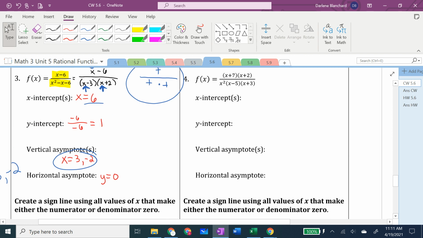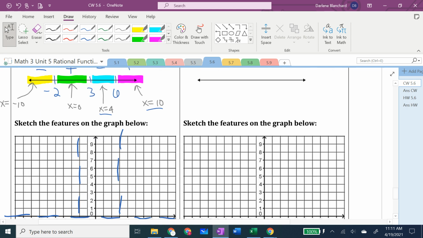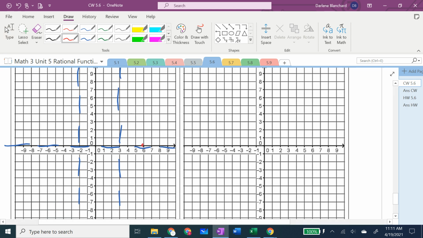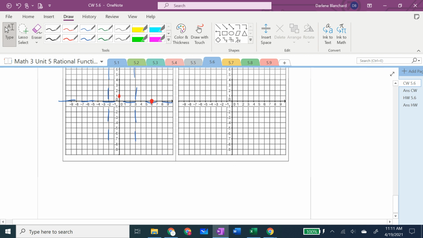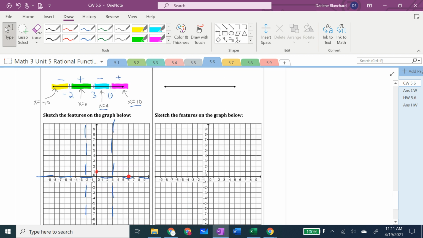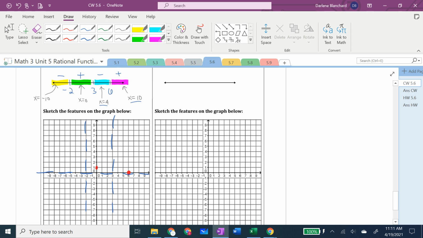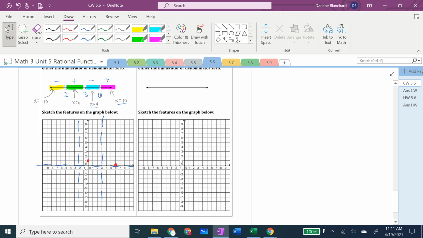I have an x-intercept of 6 and a y-intercept of 1. 6 for my x-intercept, 1 for my y-intercept. Now, using only this much information, I can bring in additionally that when x is less than negative 2, I am under the x-axis.